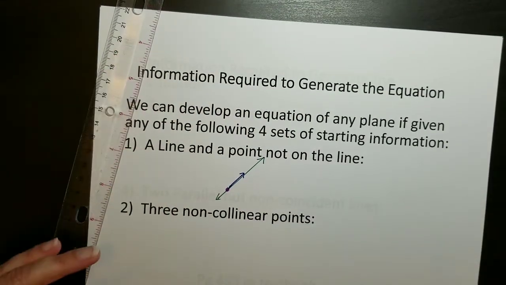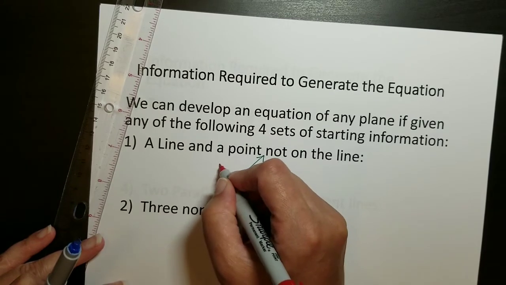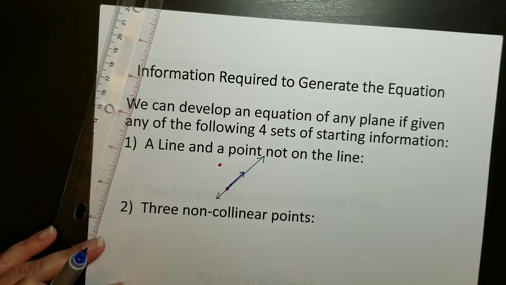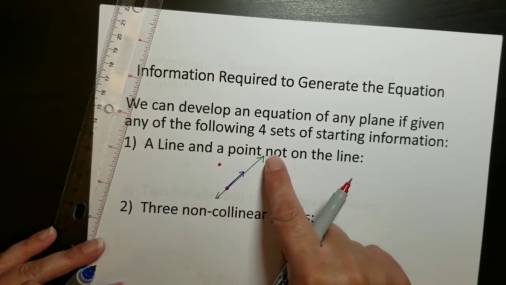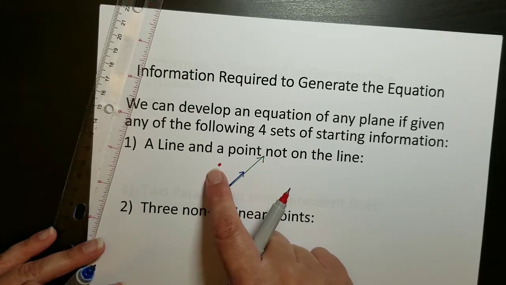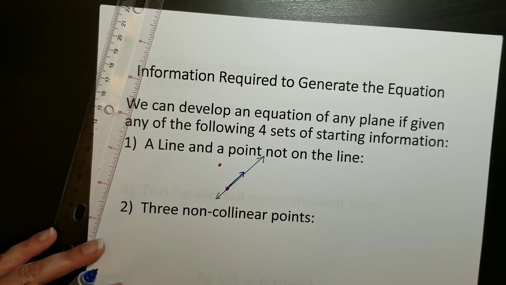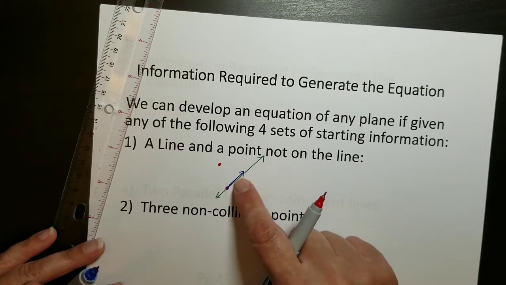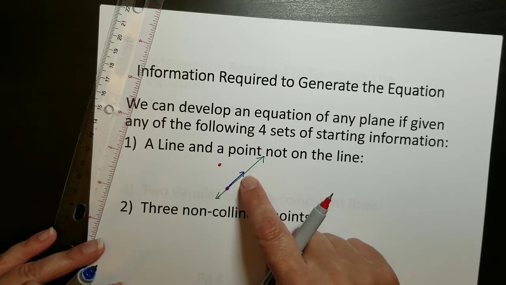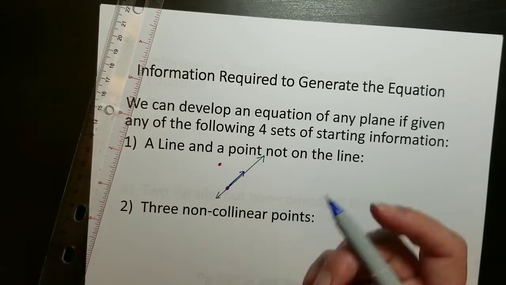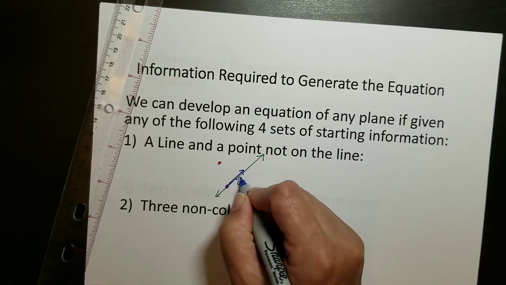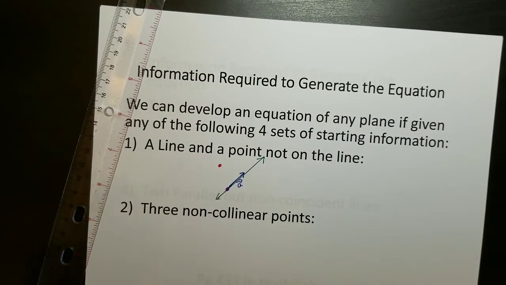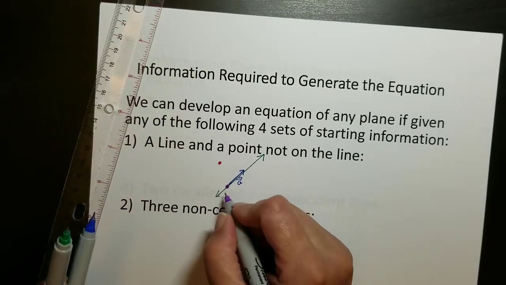And if we know another point that's not on the line, like a point out there, remember that we need a position and 2 direction vectors. So if we're trying to form the plane that this line and that red point are both on, we know that this direction vector is on the line. So I could call that my A.